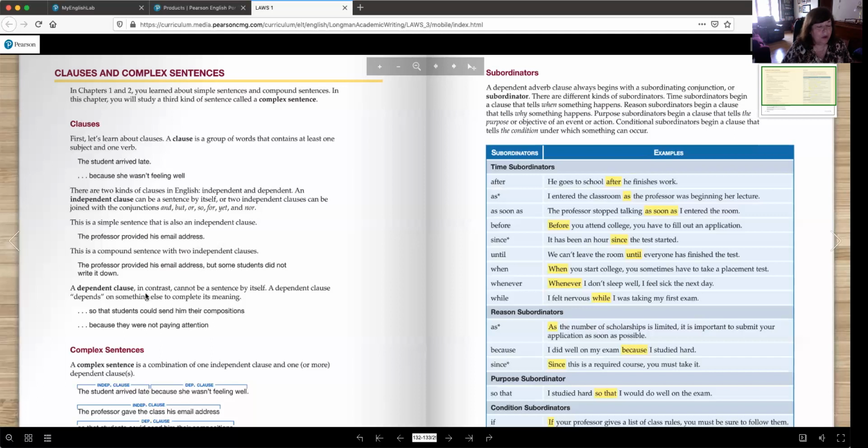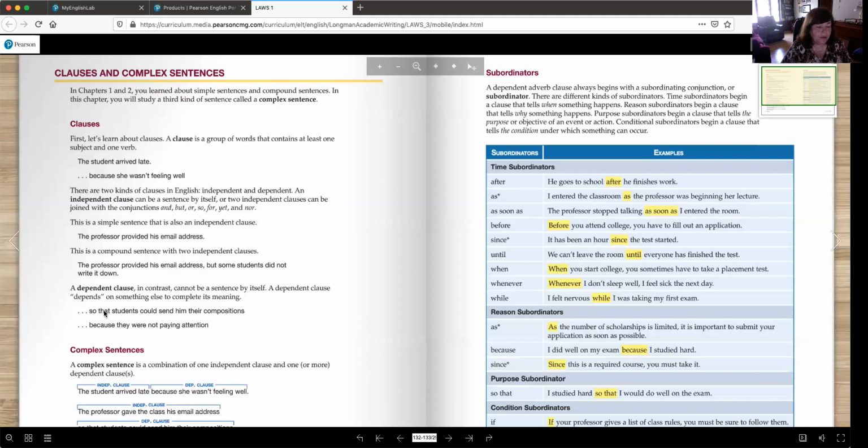A dependent clause, in contrast, cannot be a sentence by itself. So dependent clauses are groups of words that cannot be a sentence by themselves. It needs other words to go with it. A dependent clause depends on something else to complete its meaning, okay? So that students could send him their compositions, this is not a complete sentence by itself, okay?